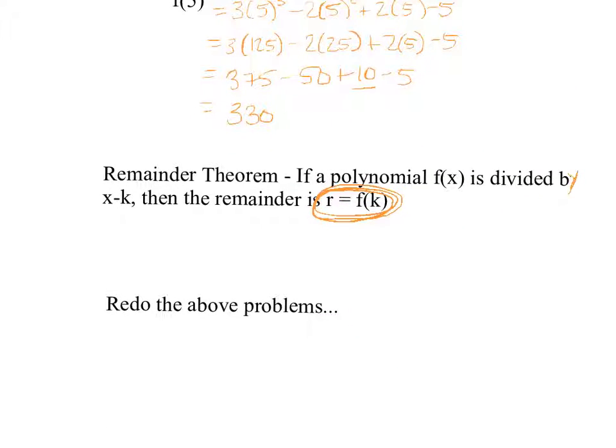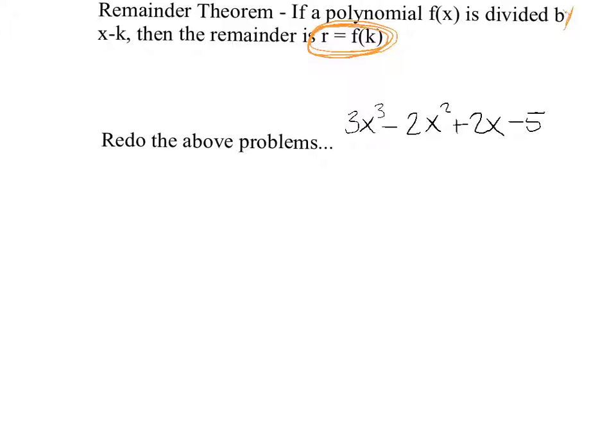So, maybe rewrite what the polynomial is: 3x cubed minus 2x squared plus 2x minus 5. And remember, we wanted to find f of 2.